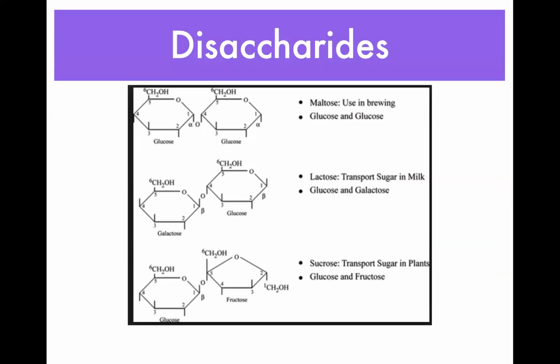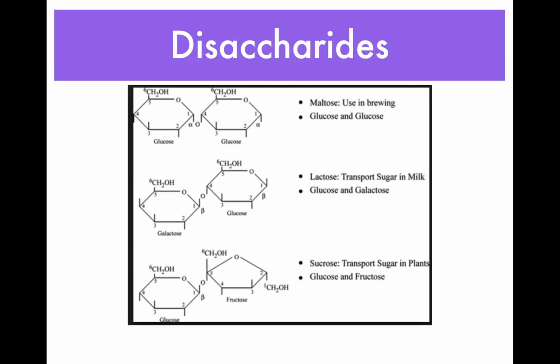Another type of sugar is disaccharides. We can have the formation of a disaccharide when we join two monosaccharides together. So now we're talking about chemical reactions taking place. If you look at the prefix here, di means two. So these are some types of carbohydrates that we consume.